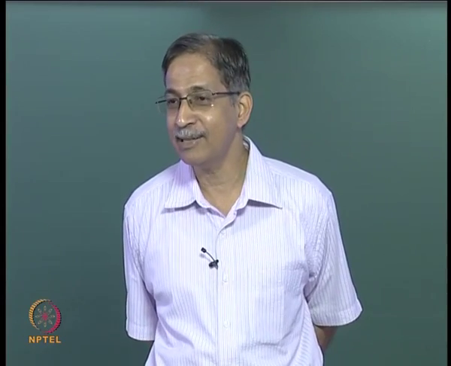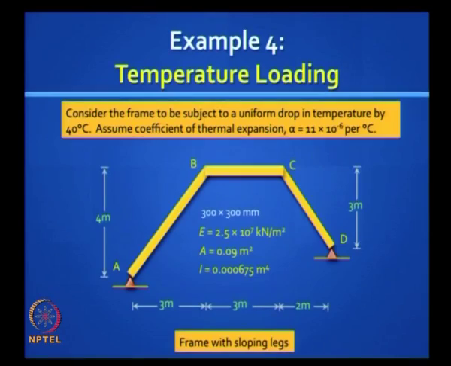Can you work out how much that force is? Is it a small force or a big force? Plug in those values. Okay, let us go back to the problem: all the members have a cross section 300 by 300, so the area is 0.09 meter squared. The material has an elastic modulus of 2.5 into 10 raised to 7 kilonewton per meter squared.